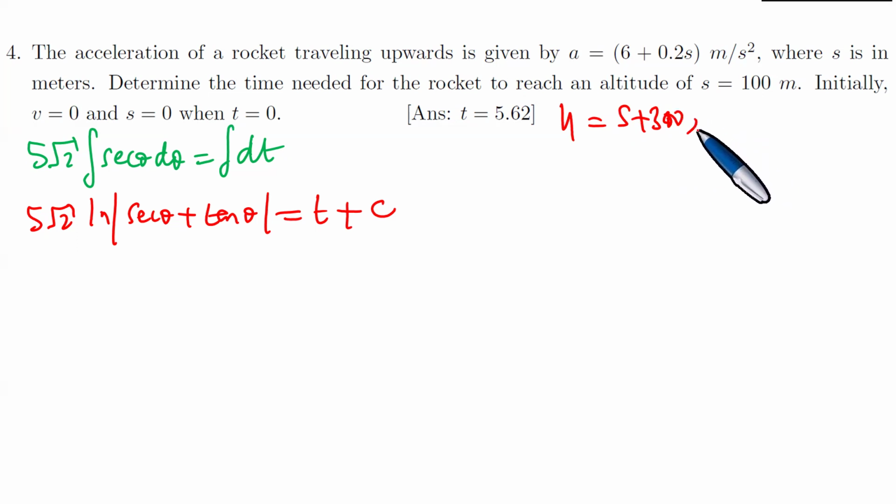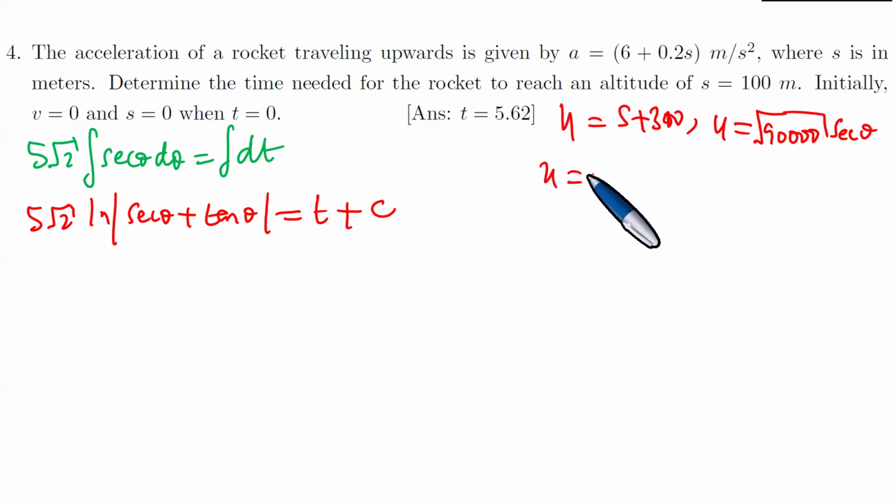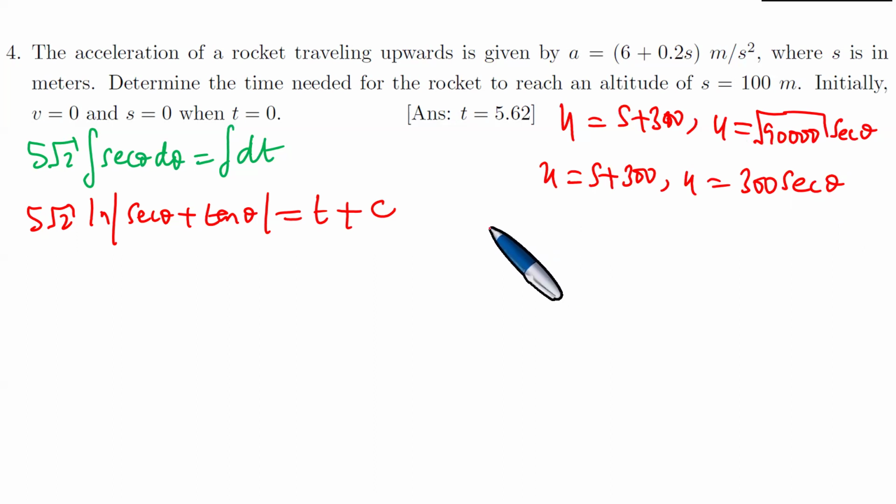And then we also have that u is the square root of 90,000 times the secant of theta, which means that u is s plus 300, and u is simultaneously 300 secant of theta.